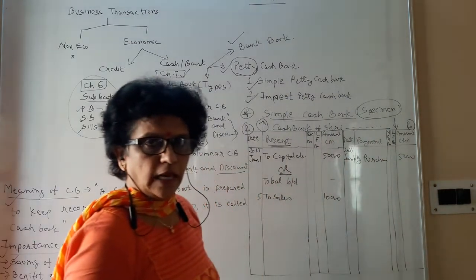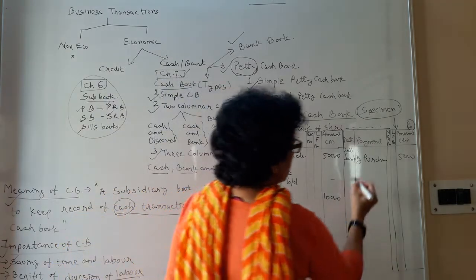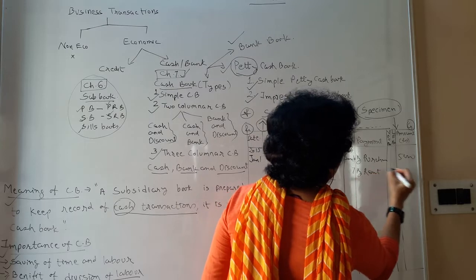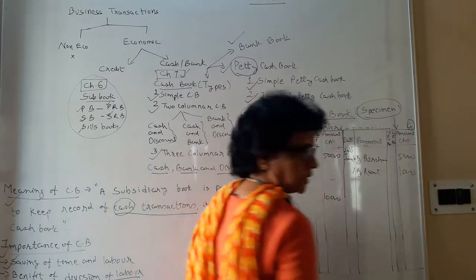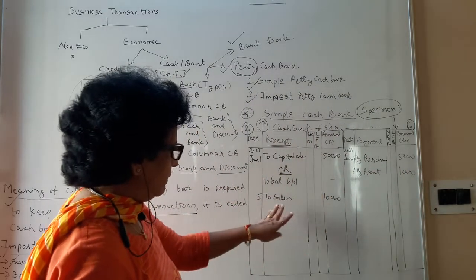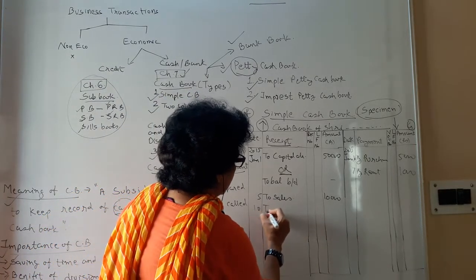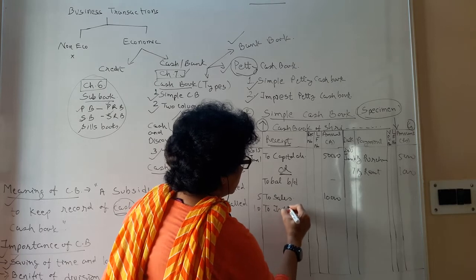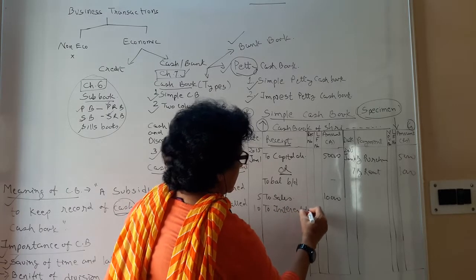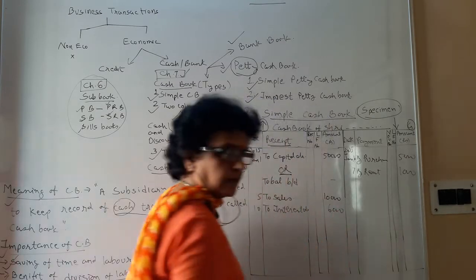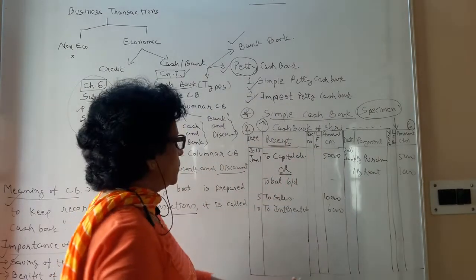Then you may have made the payment of rent on the 7th, so you write by rent, rupees 1,000. Then again you may have an income of interest on the 10th. You write to interest account, rupees 6,000. Like this, keep on doing.